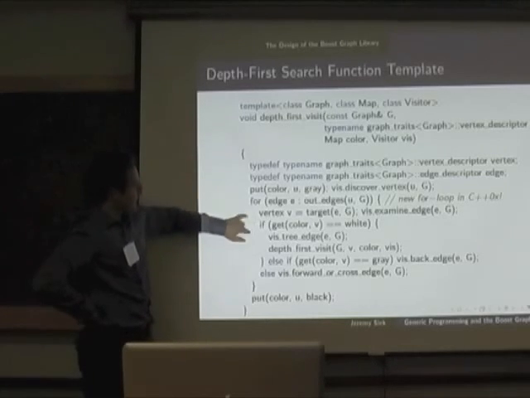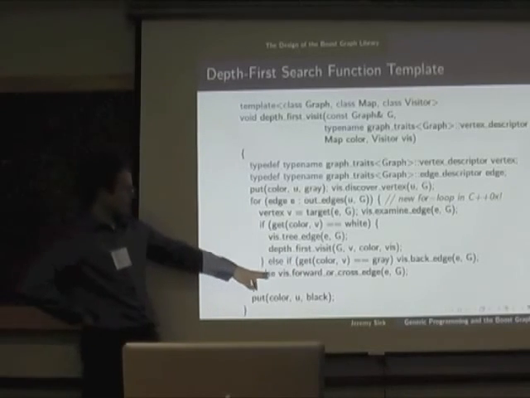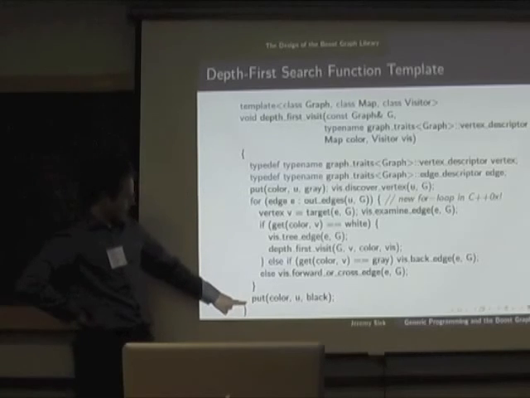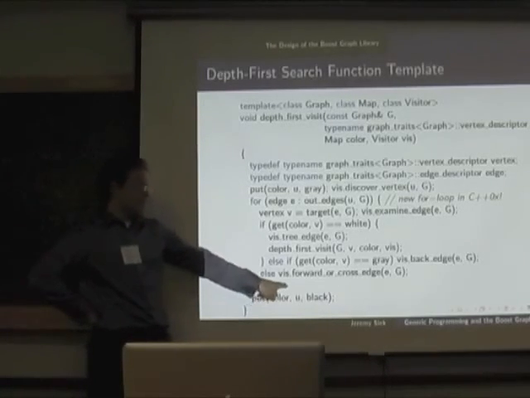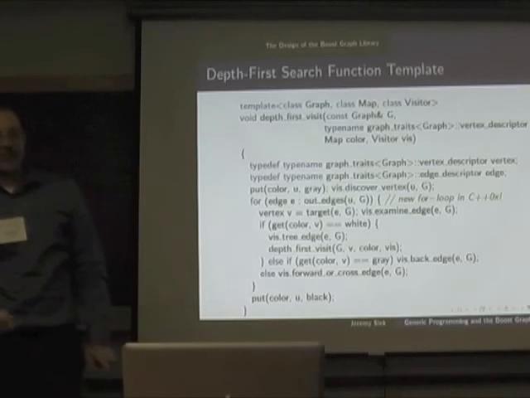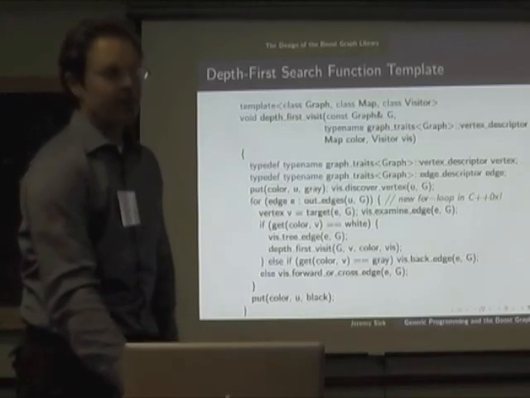After coming back, or another alternative if it's already gray, we've found a back edge, otherwise it's a forward or cross edge. And then once we're out of this loop, here is marking it as black, and here's also where the finish vertex call should be, which I somehow left off as well. So that's how the C++ code would actually look for this.